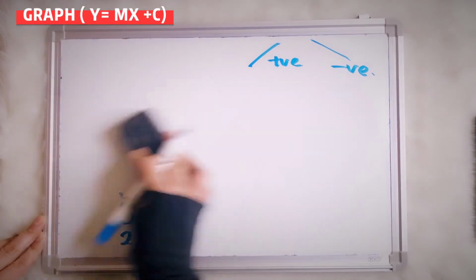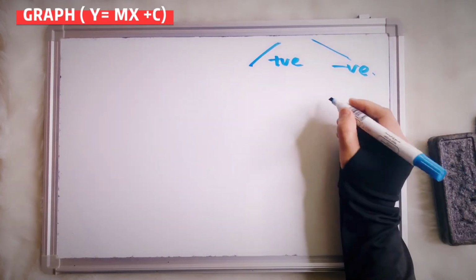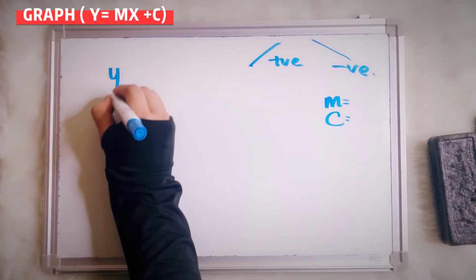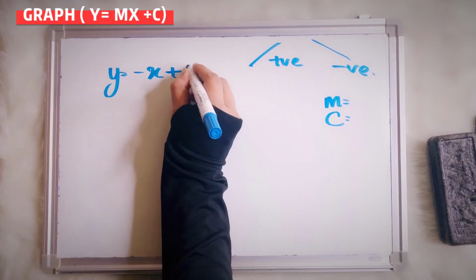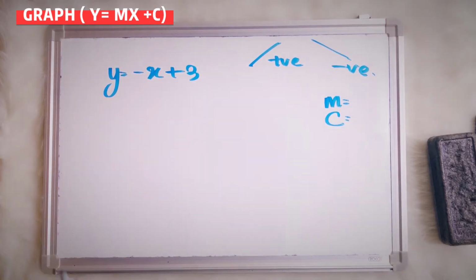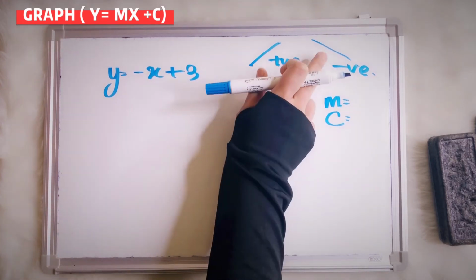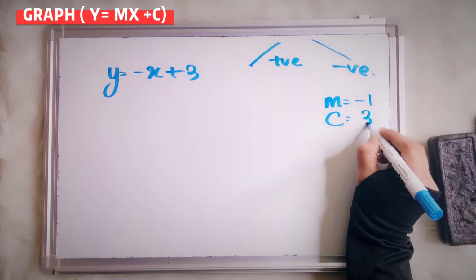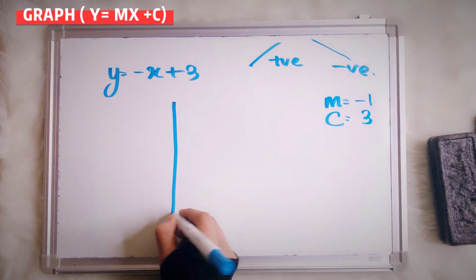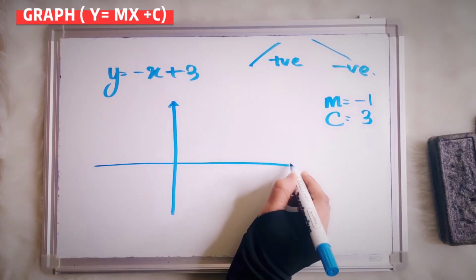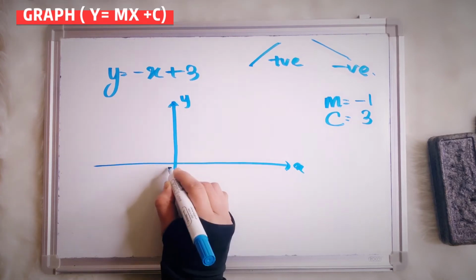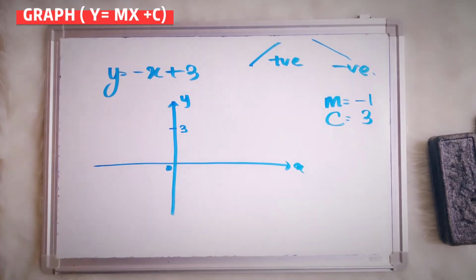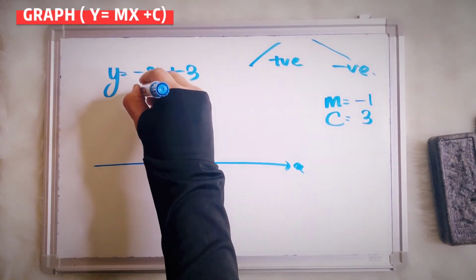Now one more. We'll put m and c here. Let's say I give you y equals negative x plus 3. You see the negative sign, so basically our graph here is negative. Here negative 1 is our gradient, and our c is 3. This is x and this is y. Our y-intercept is here, 3. Our graph is negative, so basically it's like this.